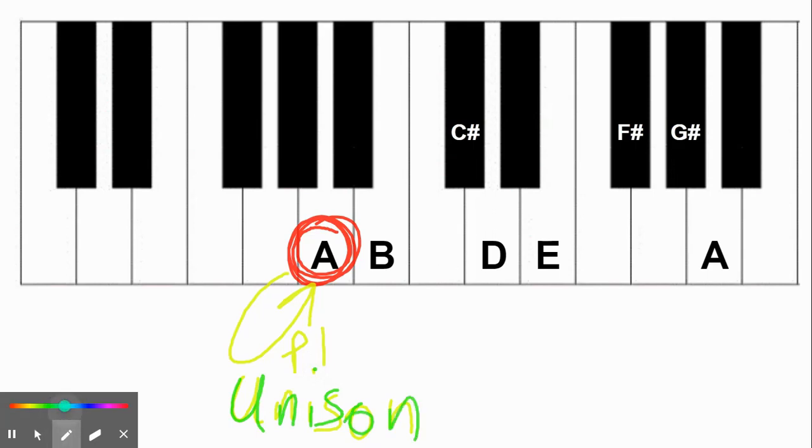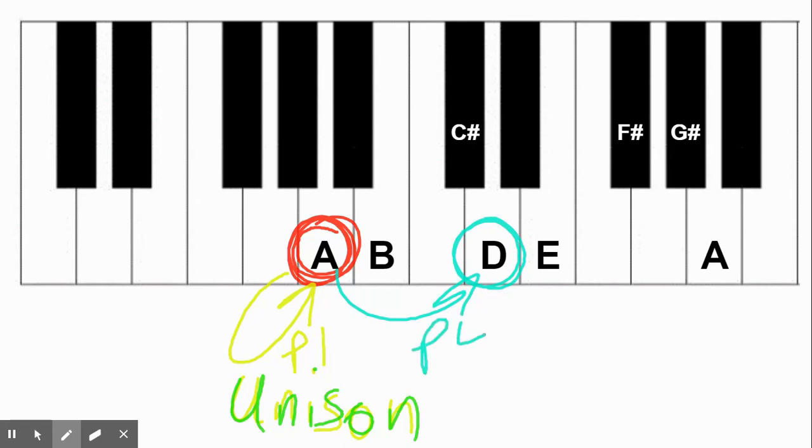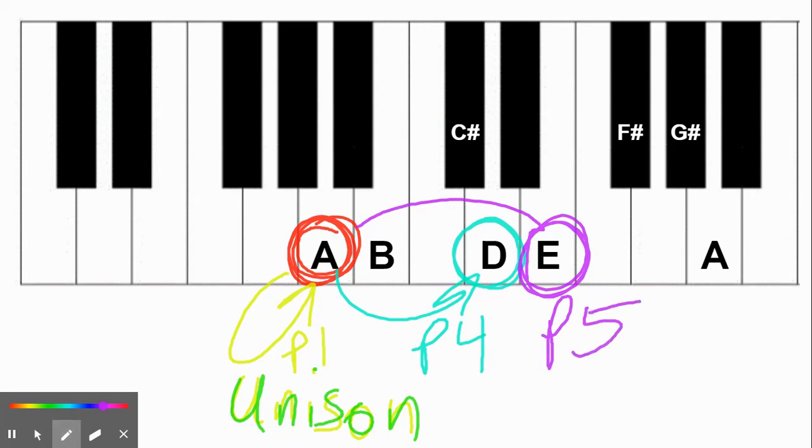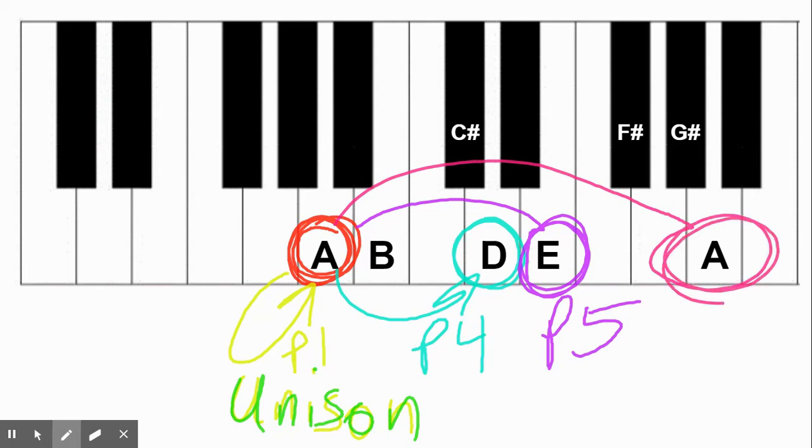If I am moving from A to D, there is my perfect fourth. If I am moving from A to E, that's my perfect fifth. And of course, going all the way up from A to A is my perfect octave.